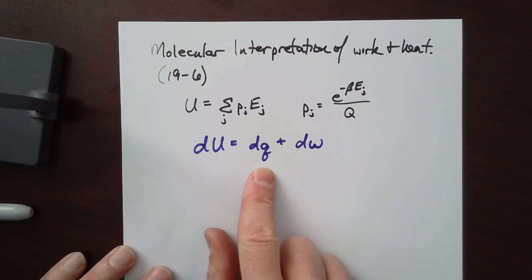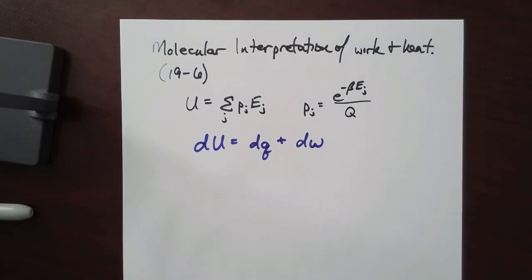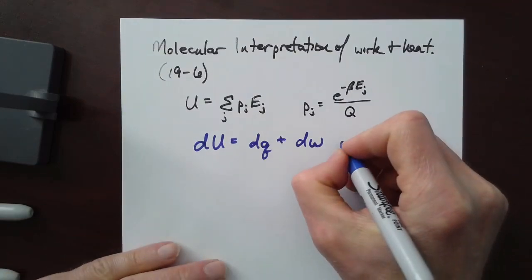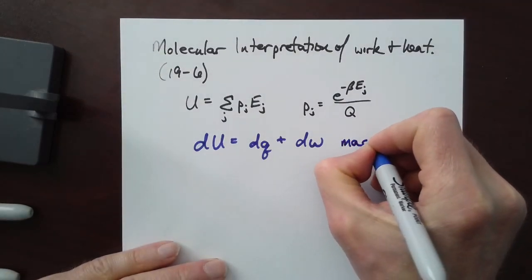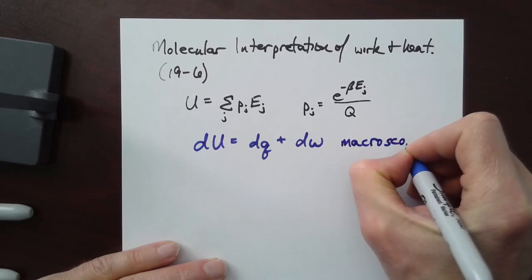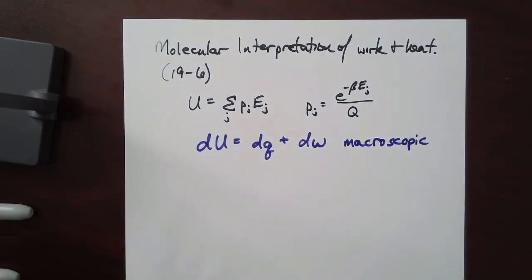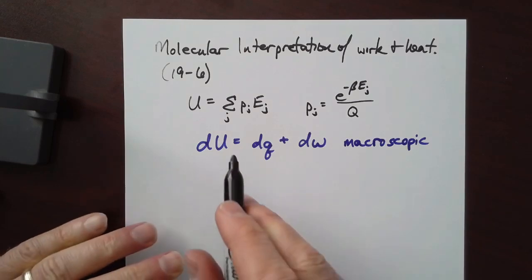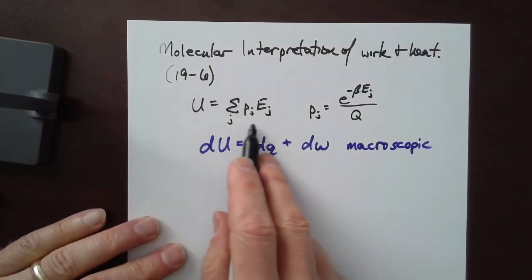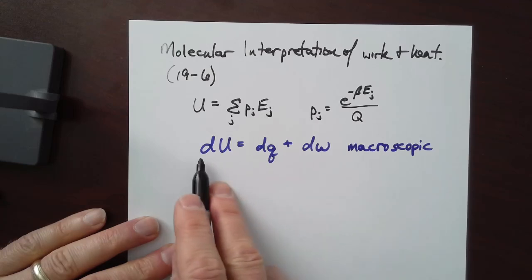These are the ways that we can move energy into or out of a system. This is the macroscopic understanding of energy, work, and heat. What I'm interested in is, from a microscopic perspective, what is this differential?